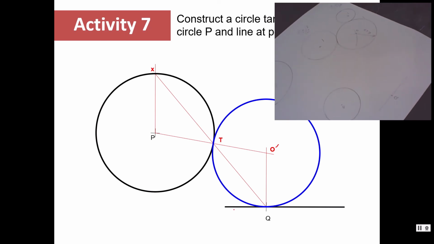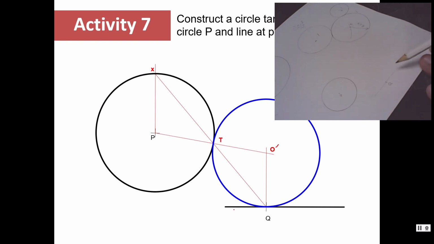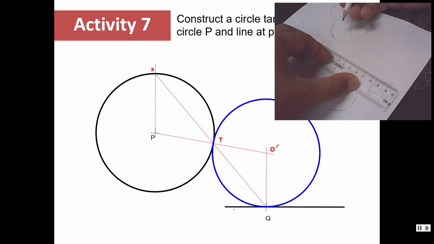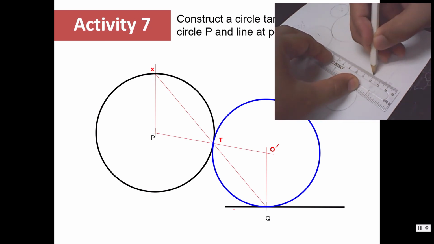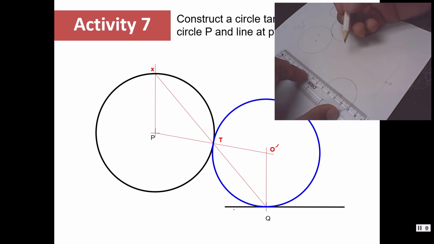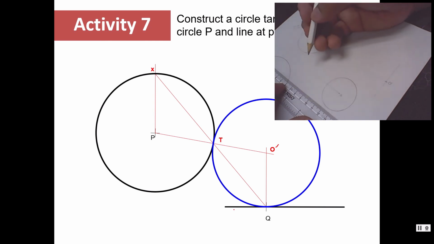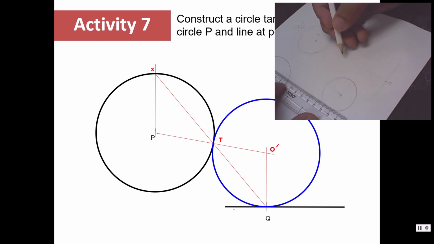Let me show you. Okay, so you have the small circle here, and then you have a line with Q. So we want to make sure that the circle that we're going to draw will touch one point at this circle and also will touch Q. So the first thing that you need to do is to draw a perpendicular line from Q and another line from P. Okay, so we have the line here.